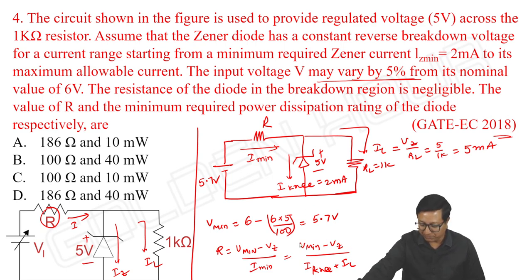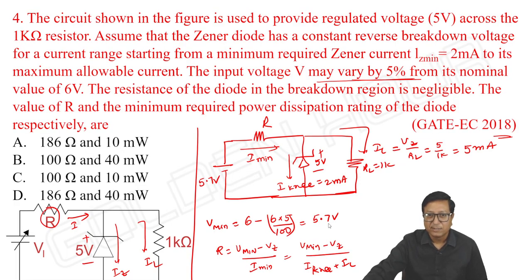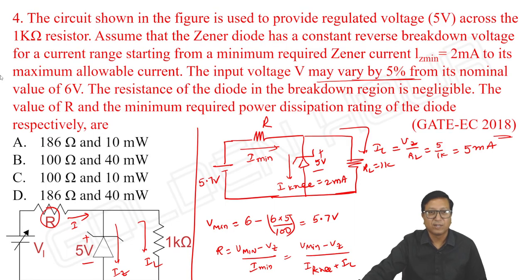V minimum is 5.7 minus Vz 5. So R is equal to 5.7 minus 5 by 2 plus 5, 7 milliampere. 0.7 by 7 milliampere, so it is equal to 100 ohms. R value. So 100 ohms means you can see two options here.